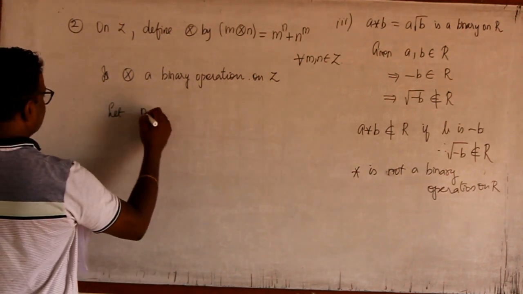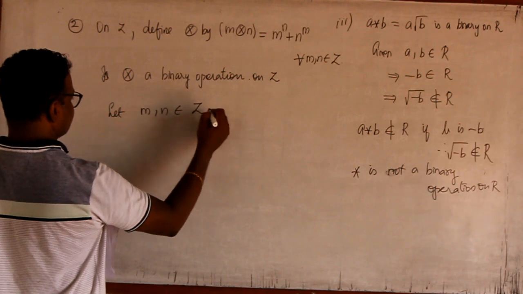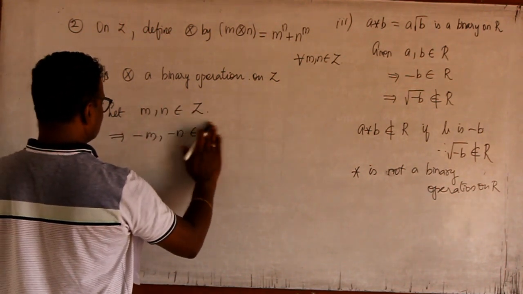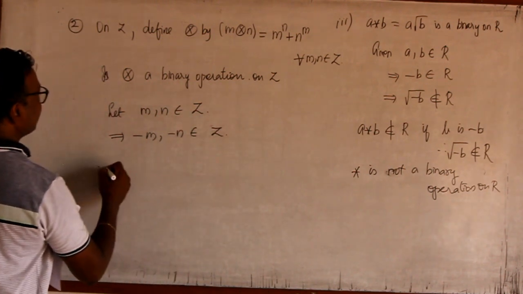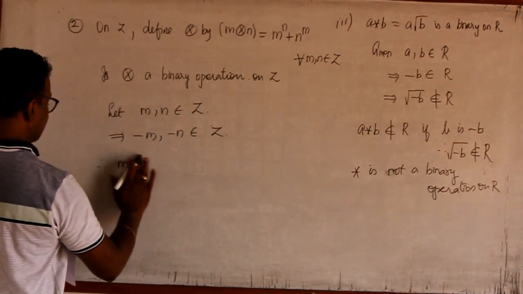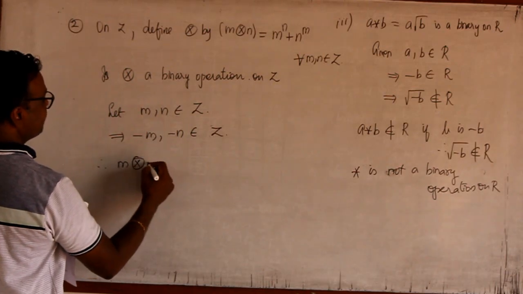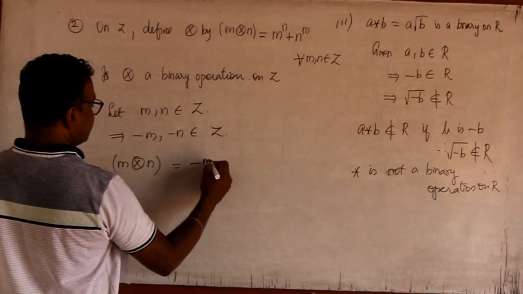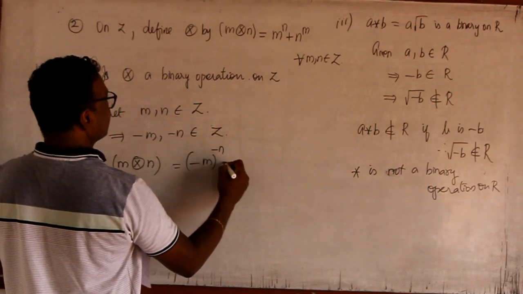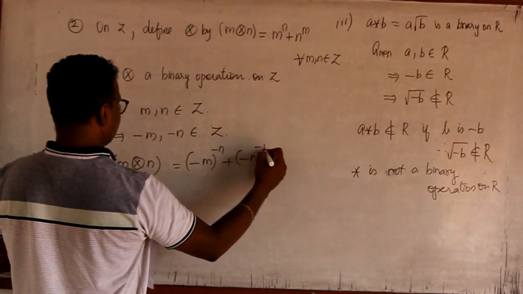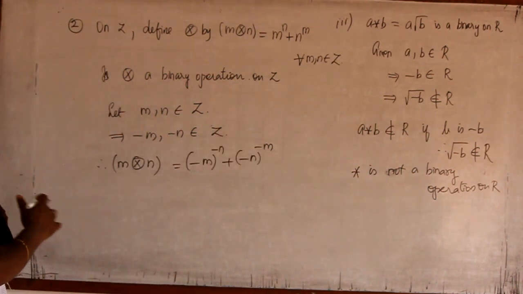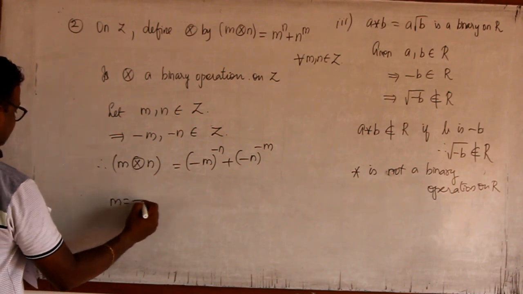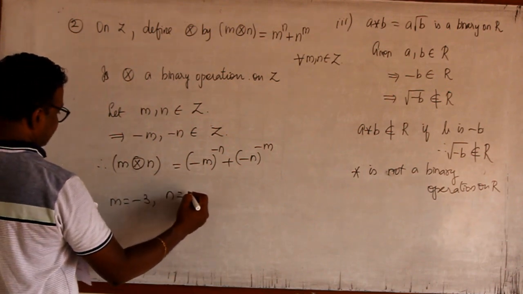Let m, n belong to Z. Then this implies minus m and minus n also belong to Z. Therefore, m star n is, that is, minus m whole power minus n plus minus n whole power minus m. Let it be. We shall check for any two numbers. Let m equal to some minus 3 and n equal to some minus 2.